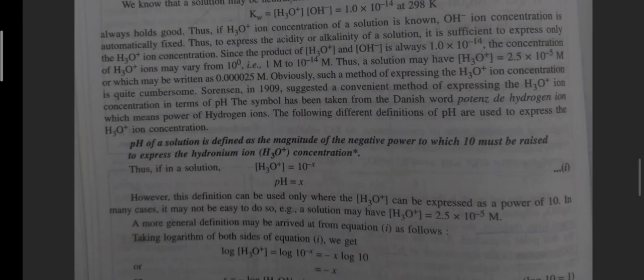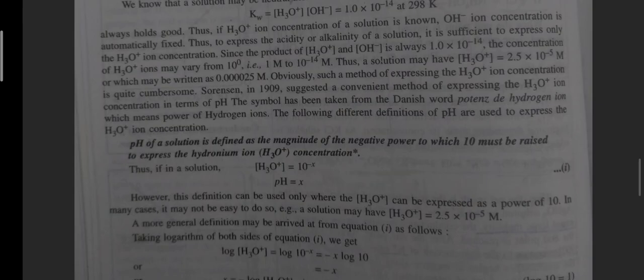The following different definitions of pH are used to express the H3O positive ion concentration. pH of a solution is defined as the magnitude of the negative power to which 10 must be raised to express the hydronium ion concentration. However, this definition can be used only where the hydronium ion concentration can be expressed as a power of 10. In many cases, it may not be easy to do so.